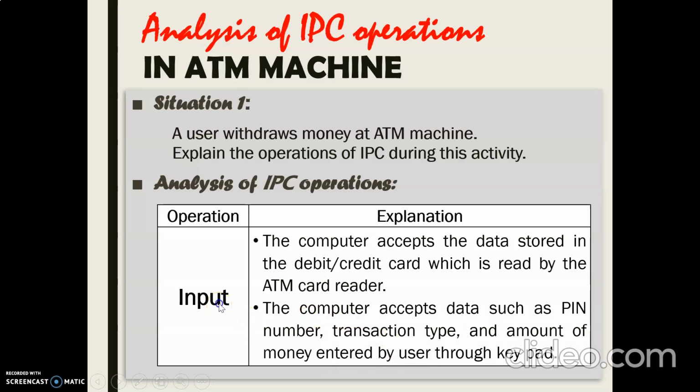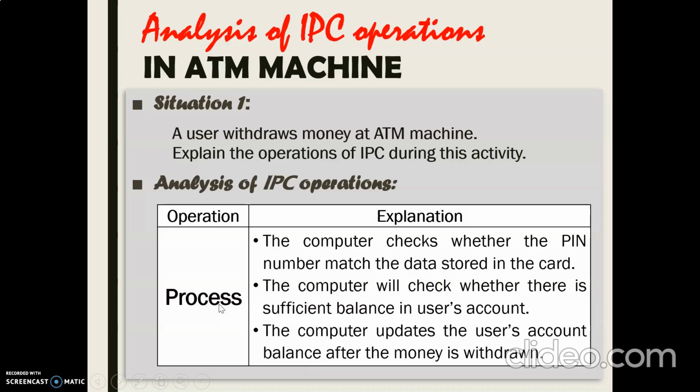After operation input, okay, the computer will do operation process. Okay, in process, some of the things that will happen there is the computer or the ATM machine will have to check whether the PIN number that we entered match our data which is stored in our card. Okay, that is one process. Second process is the computer will check whether there is sufficient balance in our account.